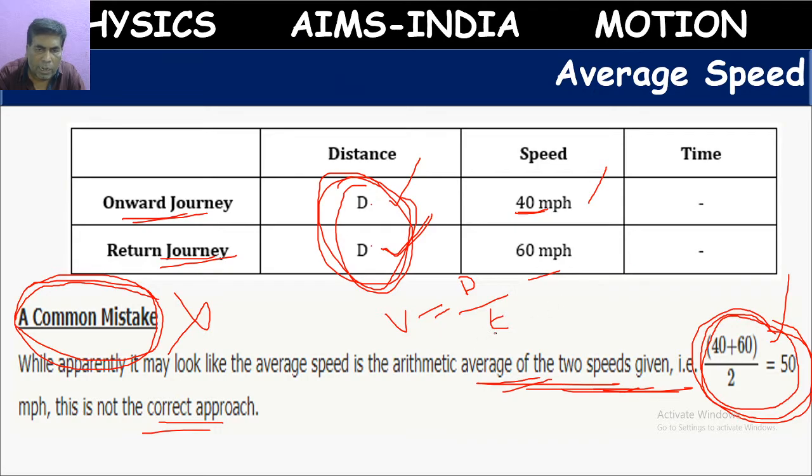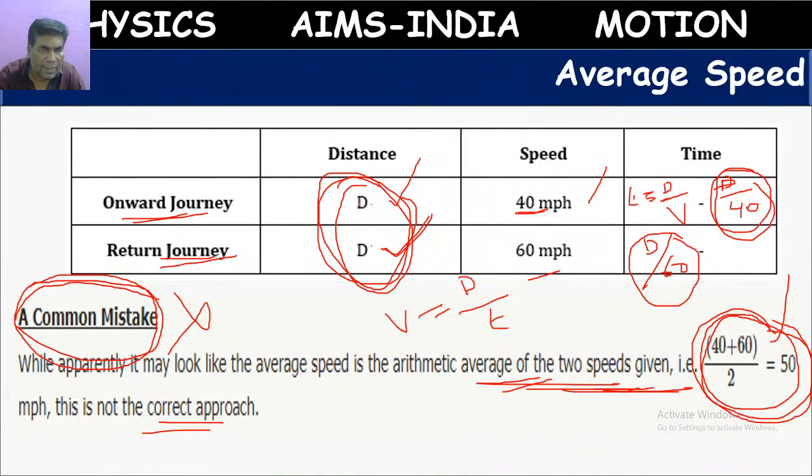So time equals distance by velocity. Here the distance is d and the velocity is 40, so d by 40 is the first time. Like this, during the return journey, d by 60 is the second time.